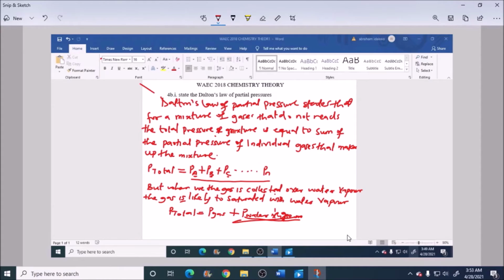So you can substitute the P gas by having P total minus P water vapor.